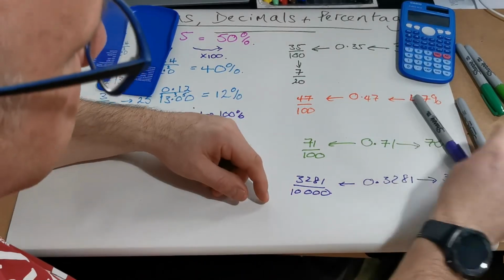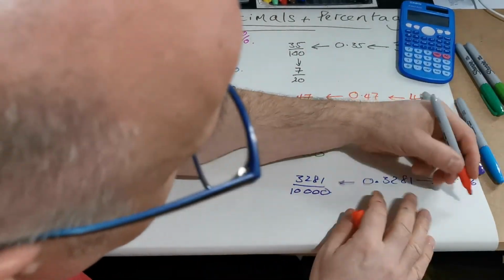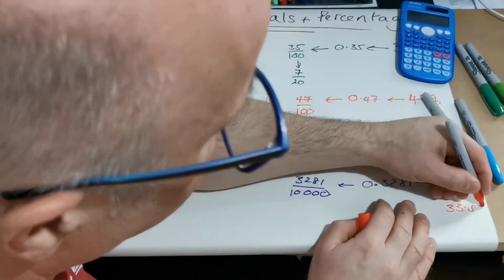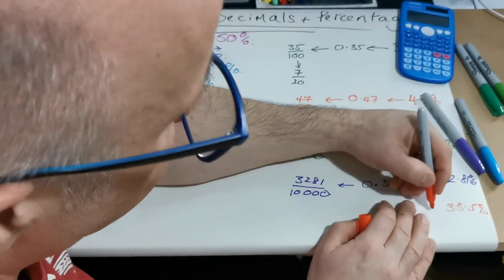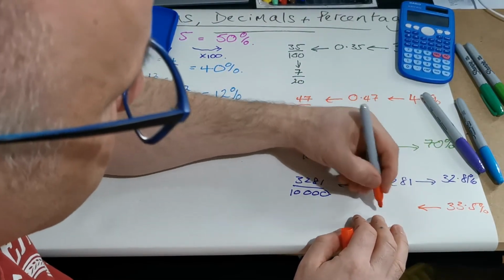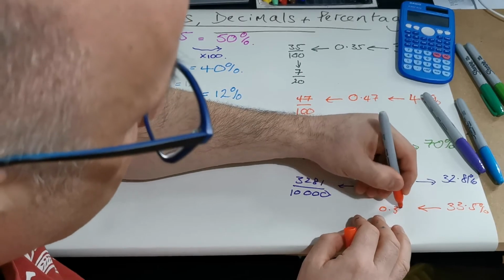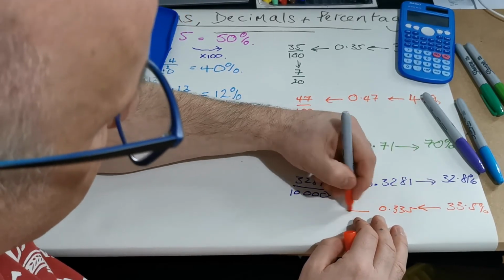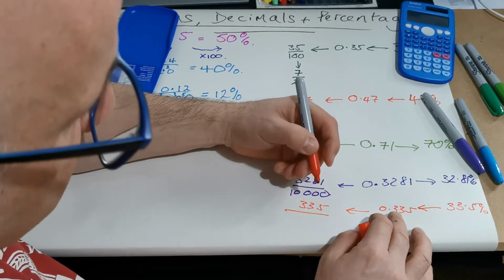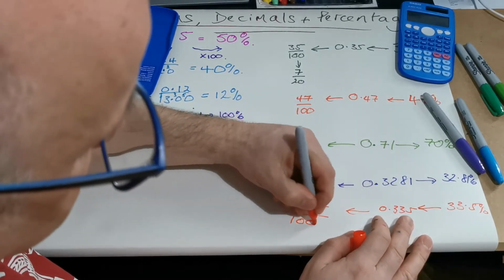So if I said what is 33.5%, you would say, okay, I need to divide that by 100 to give me 0.335, which would be 335 over 3 decimal points, so 3 zeros.